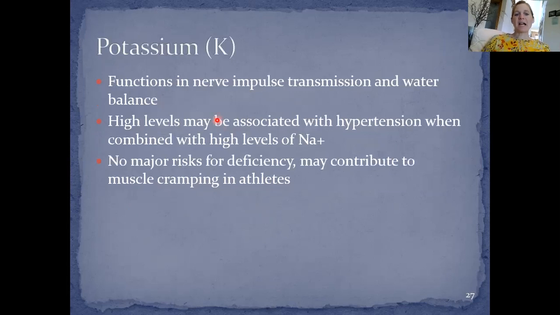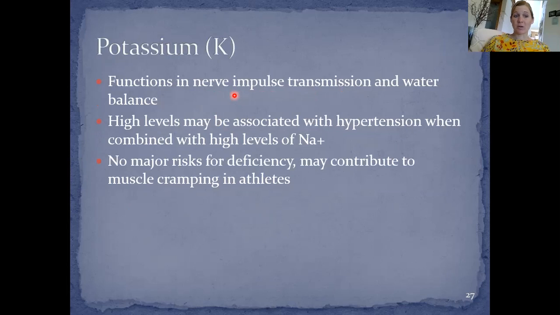Okay. Potassium is our other major player when we think about nerve impulse transmission. Sodium and potassium are going to play a really important role in allowing our nervous system to be excitable. We have to have the appropriate level in a variety of locations in order for nerves to be able to send a signal.